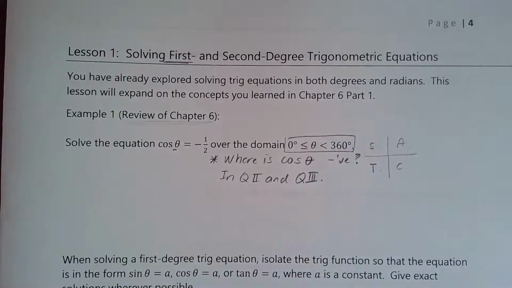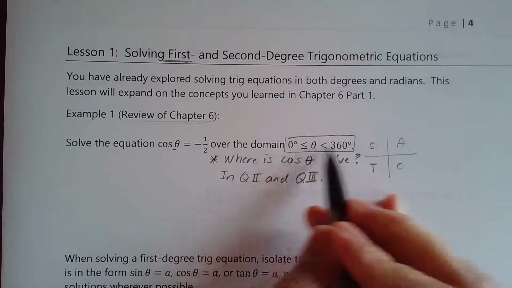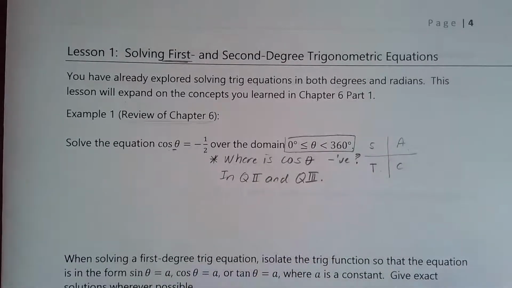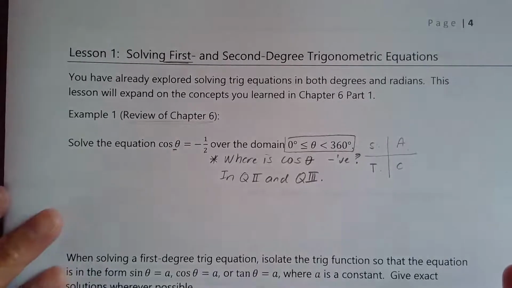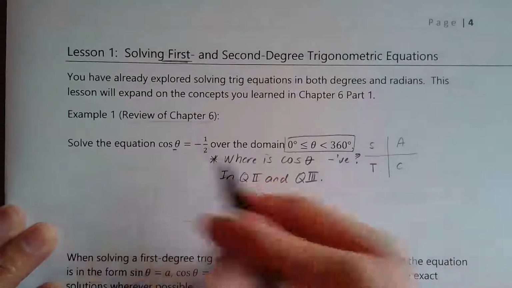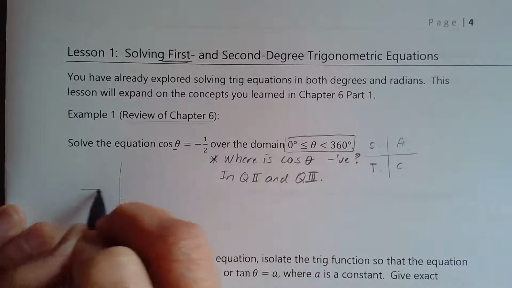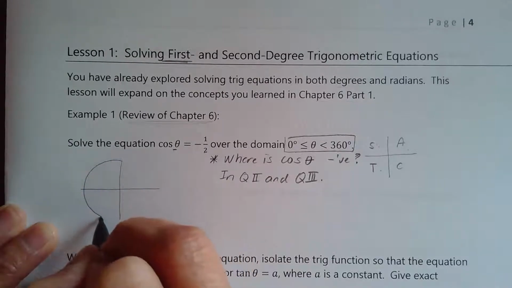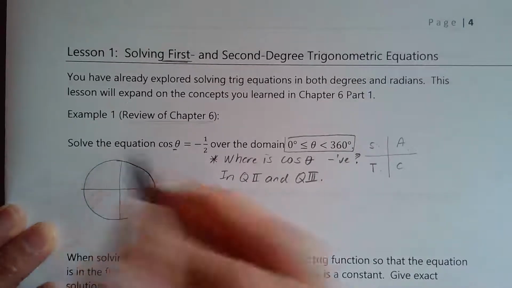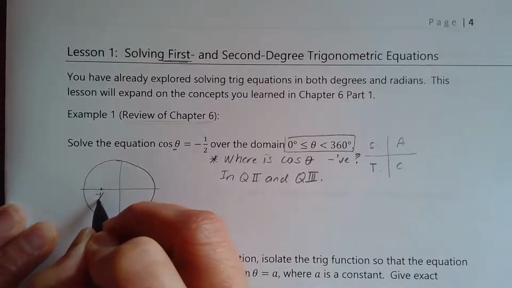So we know that there could possibly be many solutions in this particular domain from 0 to 360 degrees. Where can we go? Remember our unit circle is this. Cos is negative 1/2. So this is negative 1/2.